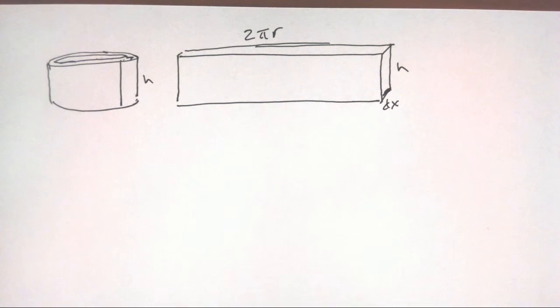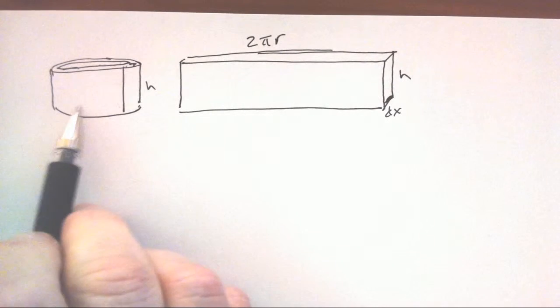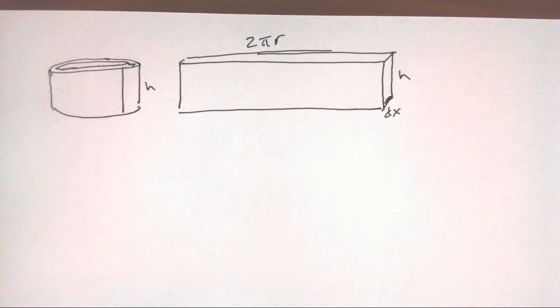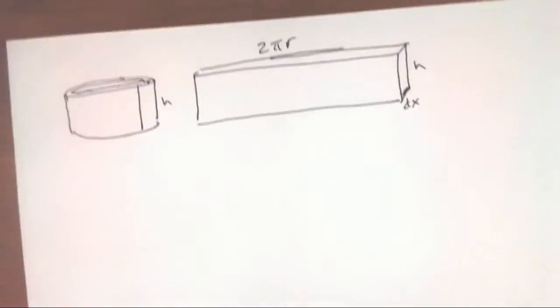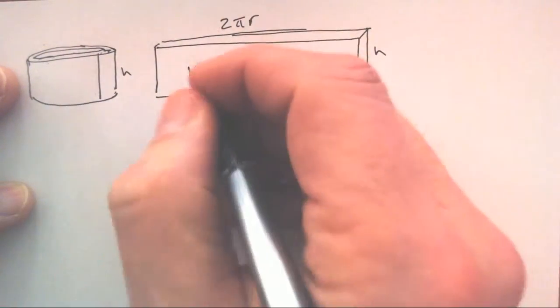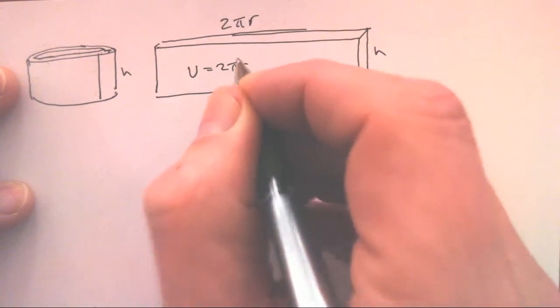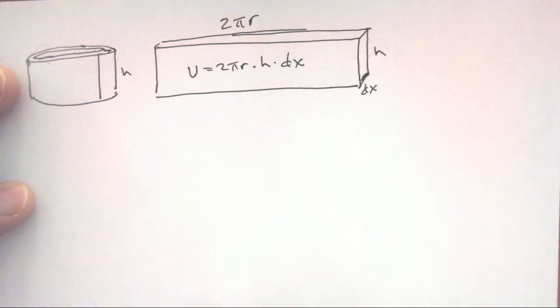And that's where we let calculus do the work for us. We want that dx to get smaller and smaller and smaller until theoretically we have infinity of these shells stacked together, and they could make up the volume of any figure we wanted. Okay, so let's take a look at what we're doing there. So our volume of this shell would be 2 pi r times h times dx.